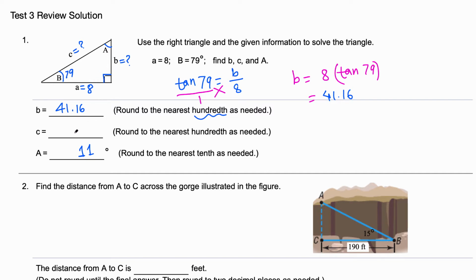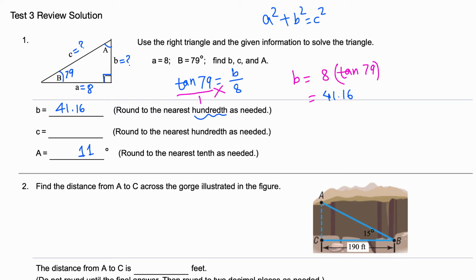Okay, now next we need to determine c. Now we can use the Pythagorean theorem, a squared plus b squared equals c squared. Or we can find c using a. A over c or c over a, we know the ratio of adjacent to hypotenuse is cosine.